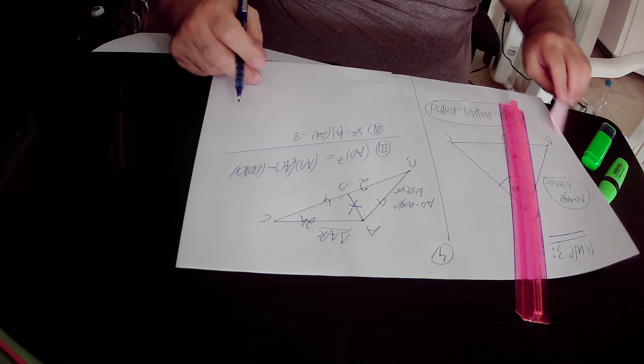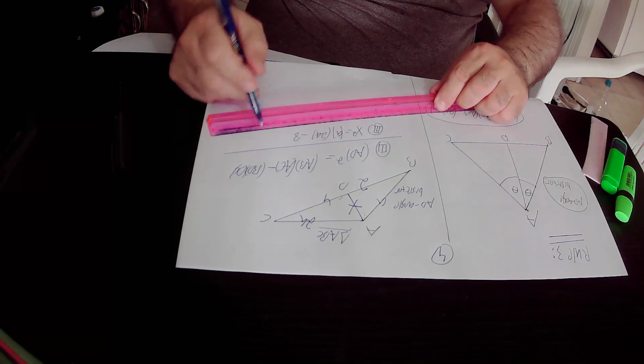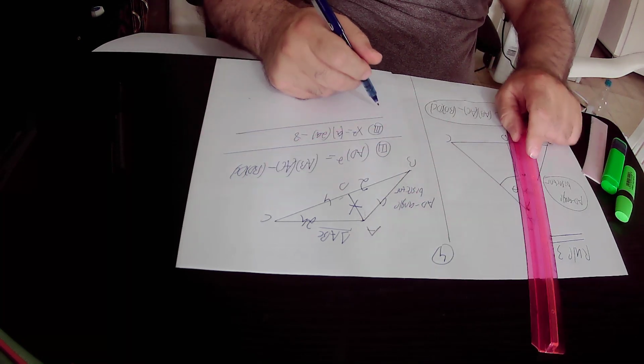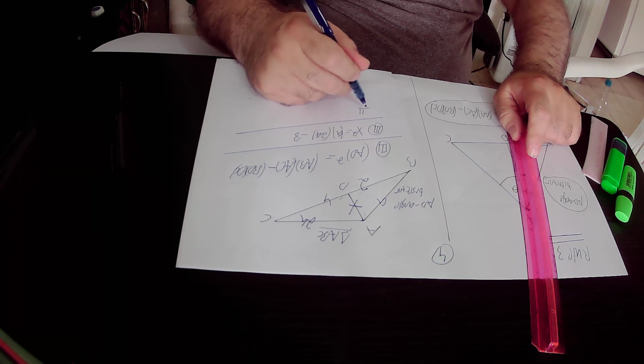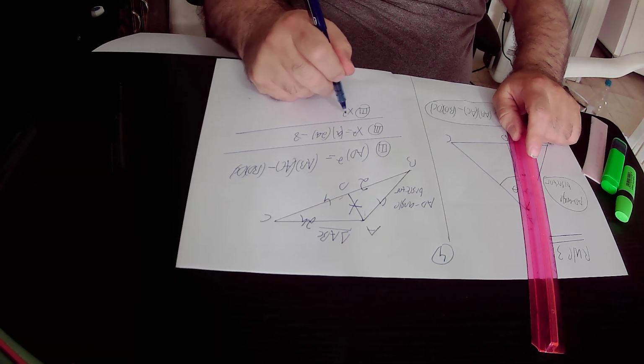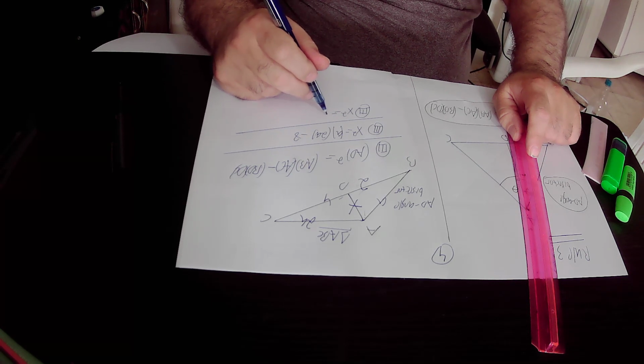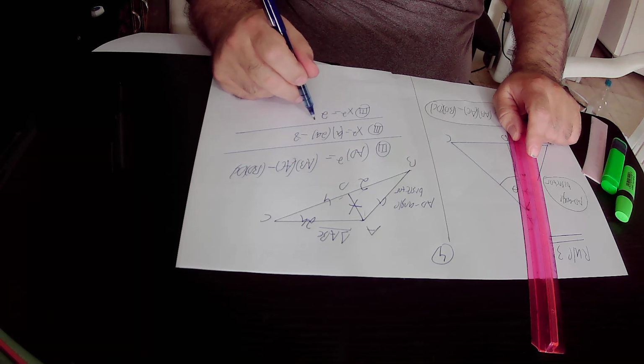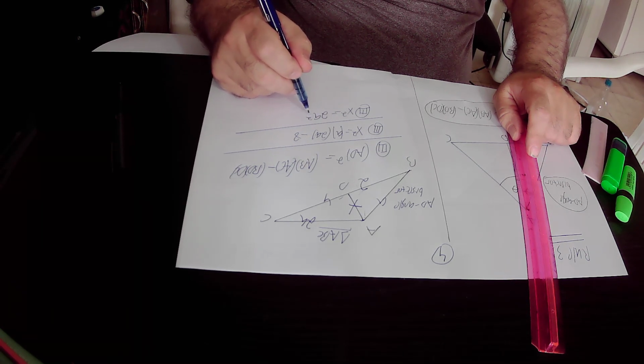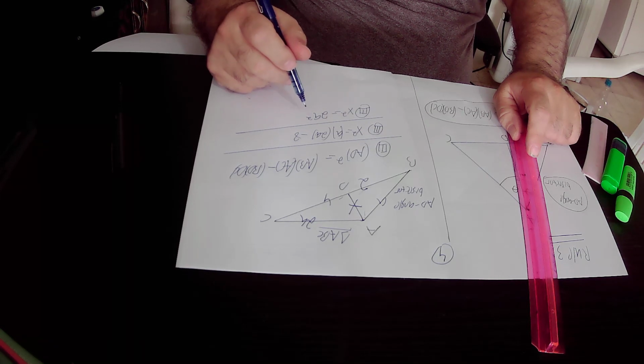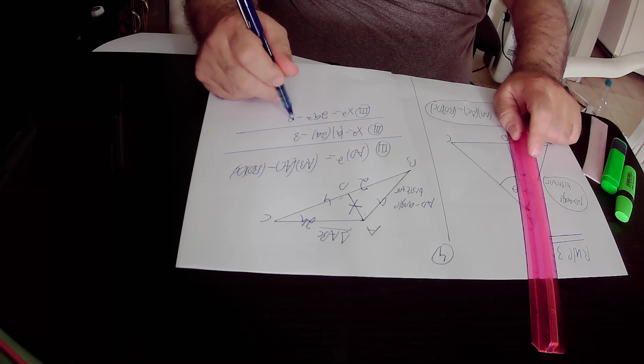Okay. So according to equation number 3, x squared equals 2a squared minus 8.